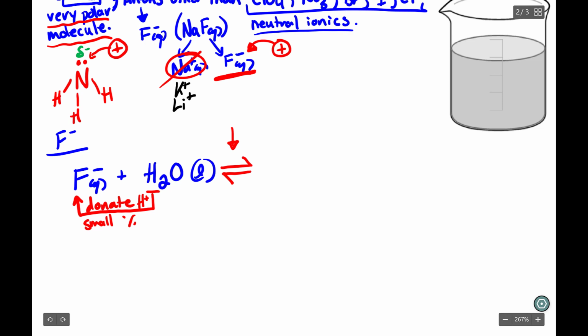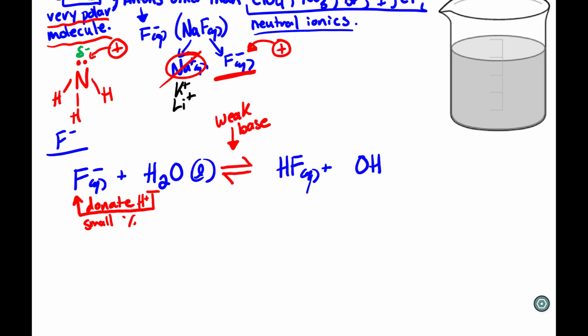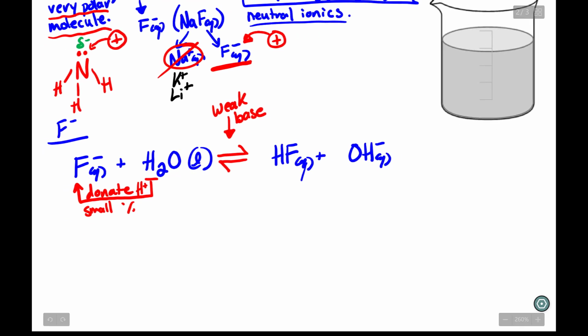Remember, we always need an equilibrium arrow if we have a weak acid or a weak base, because this reaction does not go to completion. Now, if the F minus has gained a hydrogen, it's now HF, and because it's gained a positive, it's no longer negative, so this is HF aqueous. Now what's left of your water? Well, it's down an H, so now it's just OH, but it's also down a positive, so if it has one less positive and one more negative, then it's going to be negatively charged. So that would be the one for F minus.